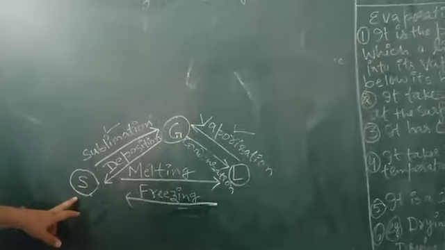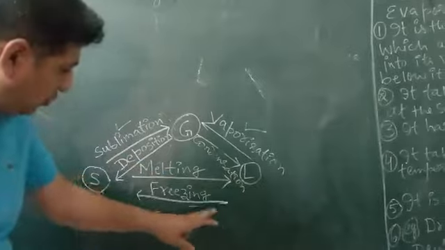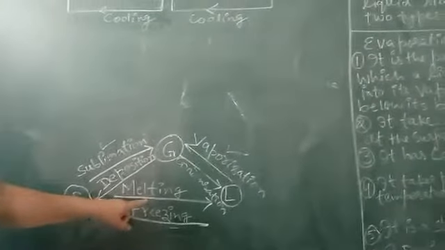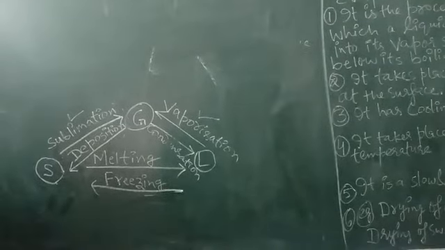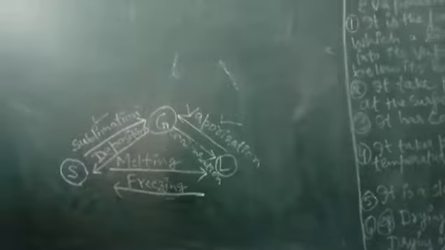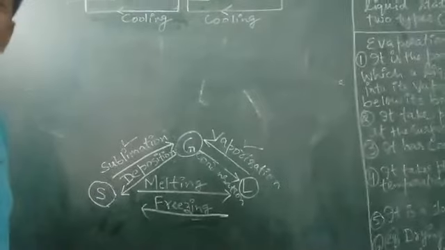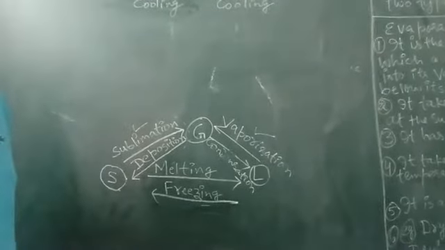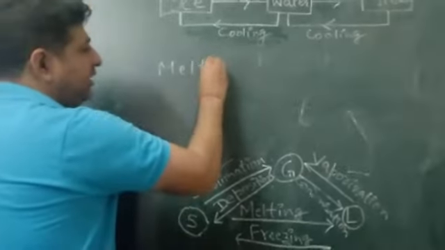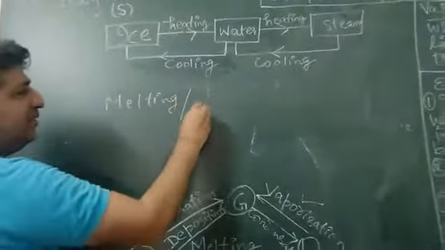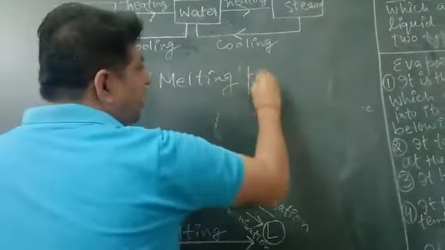Whenever a substance changes from its solid state to liquid state, we know that is called melting. That process is called melting. And the temperature at which a solid substance melts to convert into its liquid state, that temperature is called melting point. Now my only request is, because you have already dealt with this in class 7th as well, I just want to reiterate, revise this point.